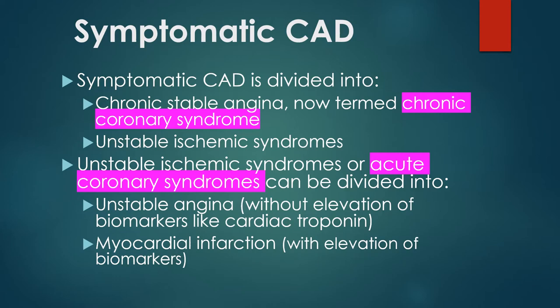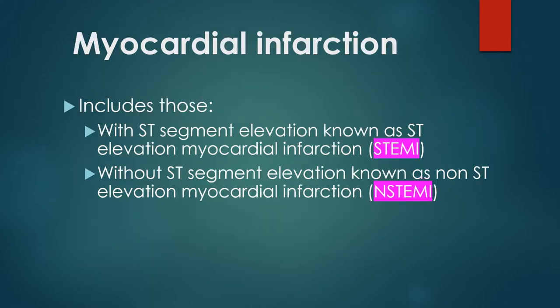Biomarkers are not elevated in unstable angina. Myocardial infarction includes those with ST elevation known as ST elevation myocardial infarction or STEMI, and those without ST segment elevation on ECG known as non-ST elevation myocardial infarction or NSTEMI.